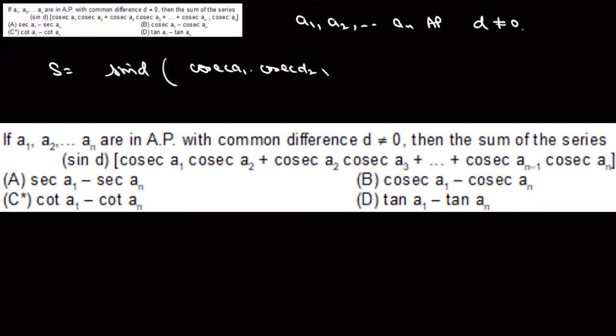Now we are given an AP. So a1, a2, an, they are an AP with common difference d, which is non-zero. We need to find the sum of this series sin d [cosec a1 cosec a2 plus cosec a2 cosec a3 up to cosec a n minus 1 cosec an].